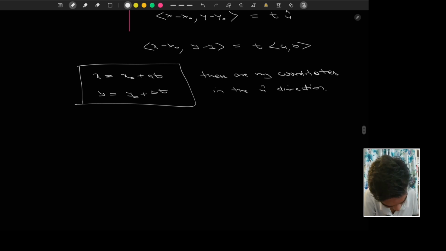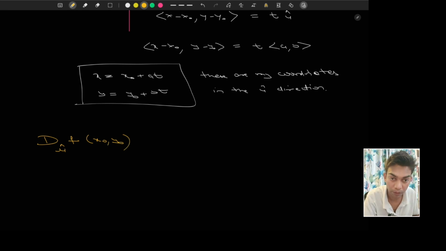The directional derivative is denoted by D sub u cap. What does it mean? I am computing my directional derivative in the direction of u, of a function f, at the point x0, y0. That's what the whole notation means. And the question is, what is that?